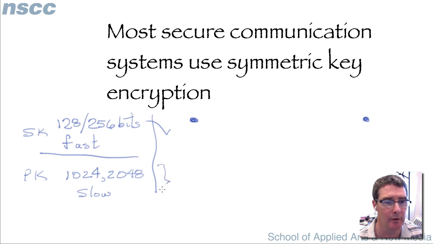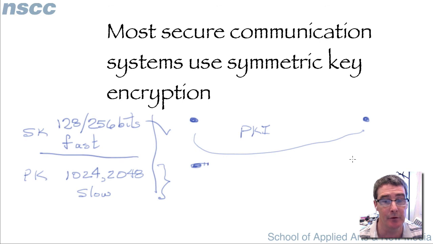Well, this is where public key encryption or infrastructure comes into place. So, what happens is we'll use a public key infrastructure between two parties so that we get a symmetric key distributed to both ends. So I've got a key here on both ends, and I'm going to use PKI to actually get the key to both ends.